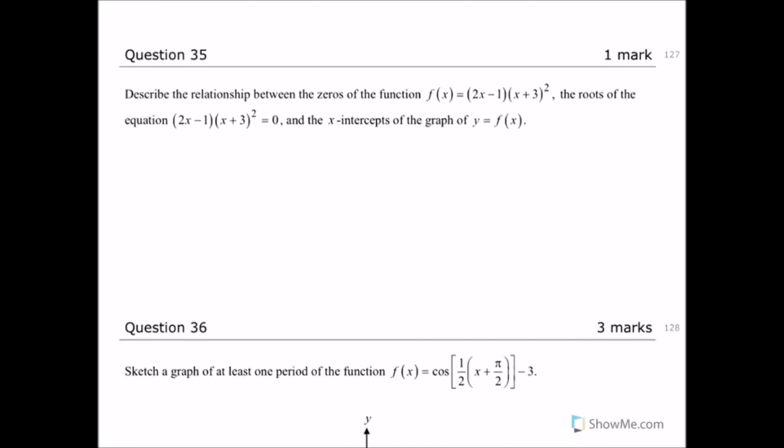Describe the relationship between the zeros of the function, the roots of the equation, and the x-intercepts of the graph. Okay, so it's the exact same equation, and this is the exact same thing. So the zeros of f of x are 1/2 and negative 3.